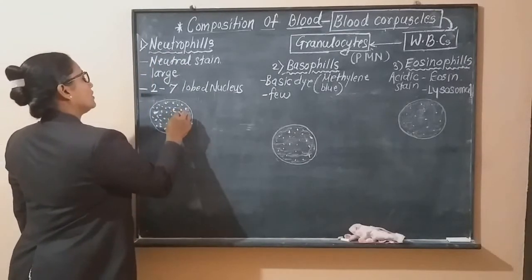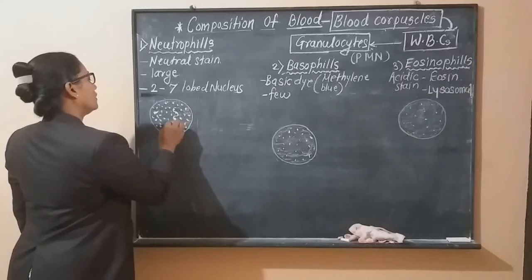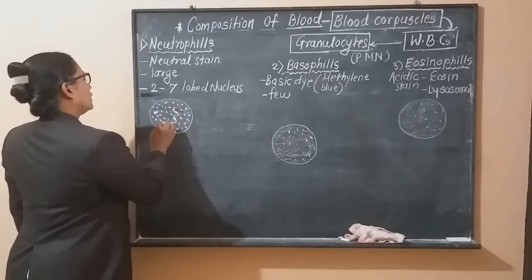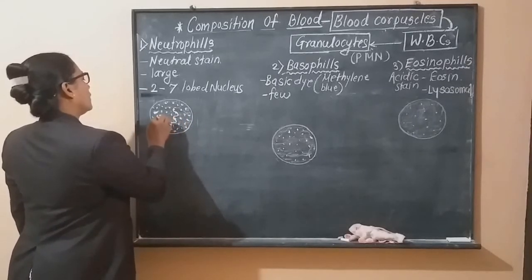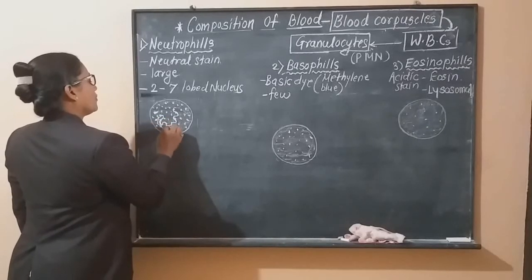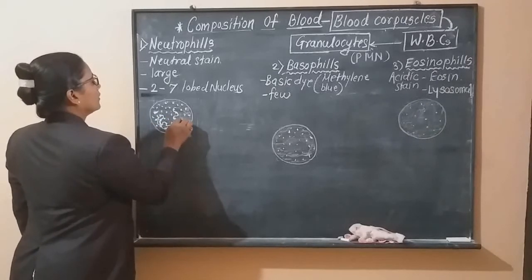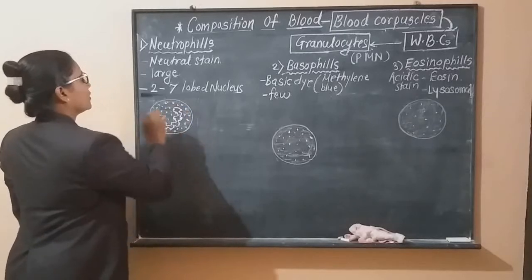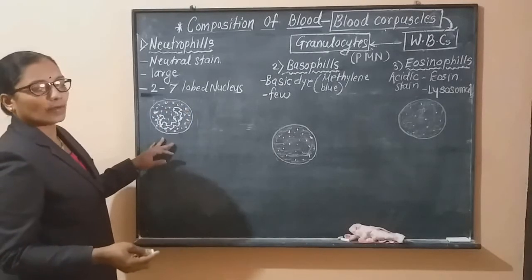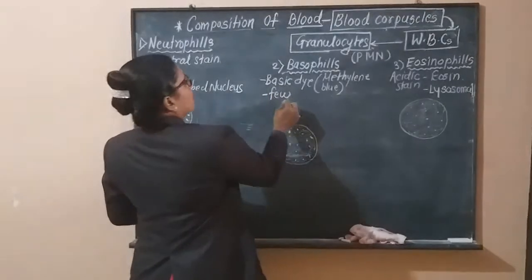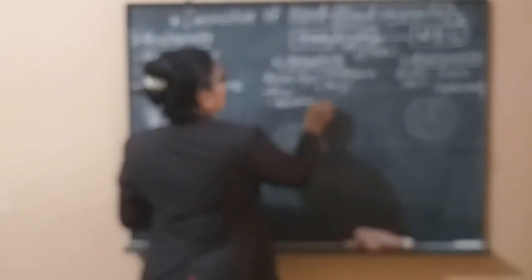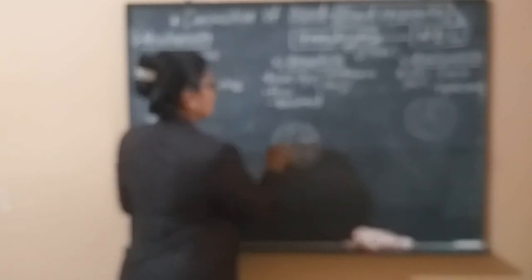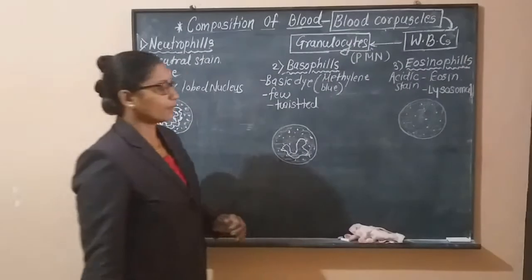If we observe these cells under the microscope, at the center we can observe such a lobulated nucleus. These lobes may be 2 to 7. In case of the basophil, the nucleus is somewhat twisted.